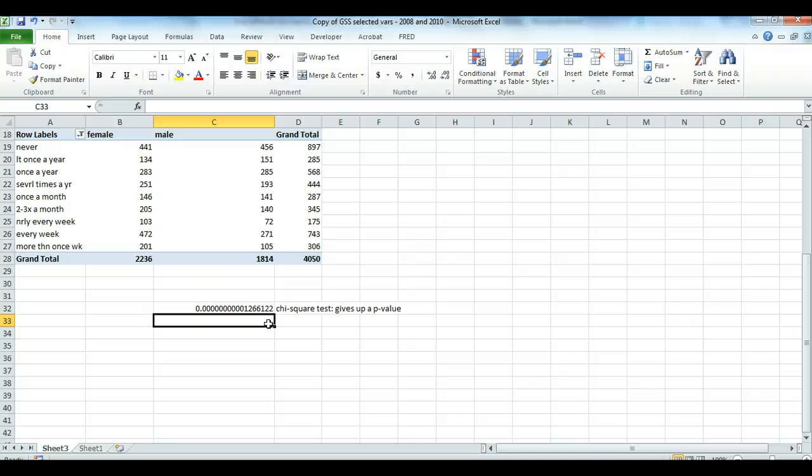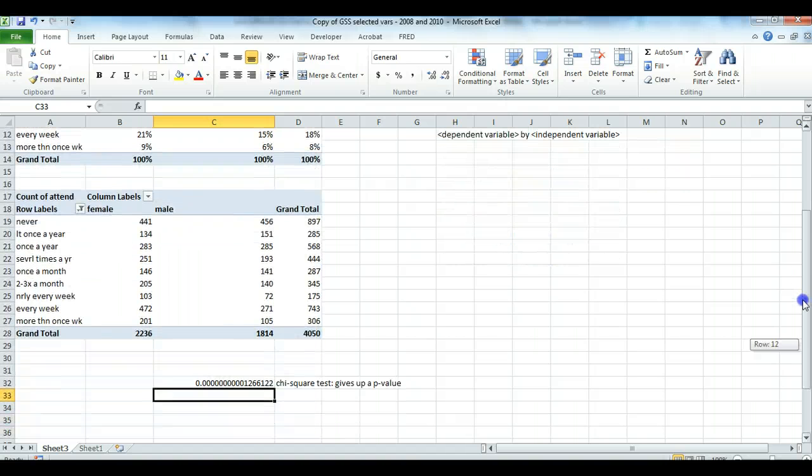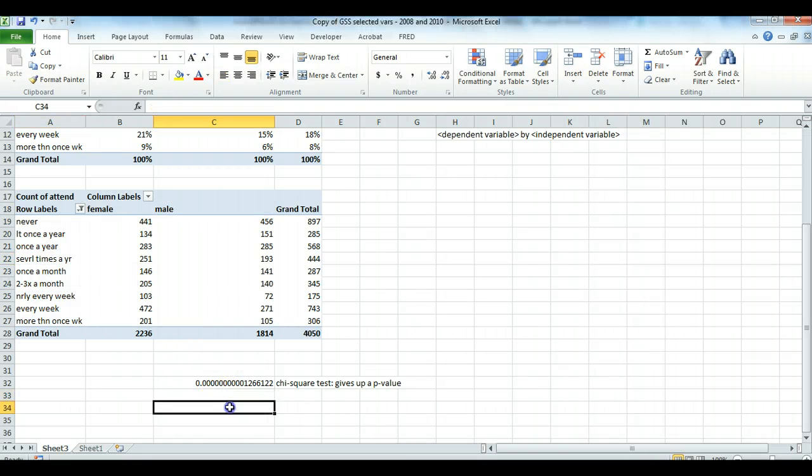What the p-value tells you is the probability that, if there was no relationship between gender and attendance in the population, we would get a difference as large as the one that we got here. If that probability is low, then we can conclude that the relationship between gender and attendance is statistically significant.